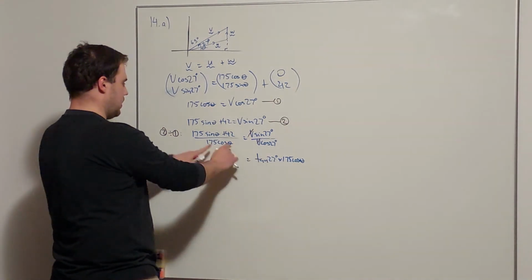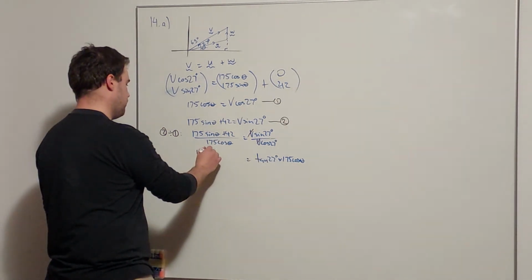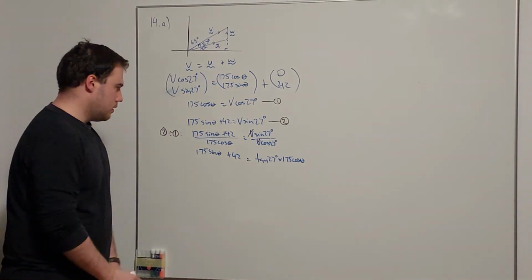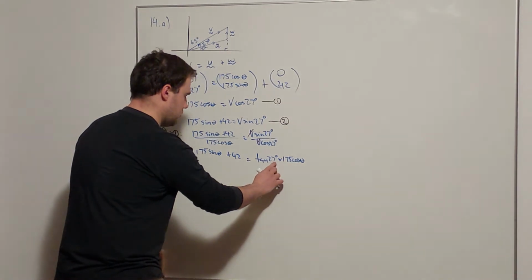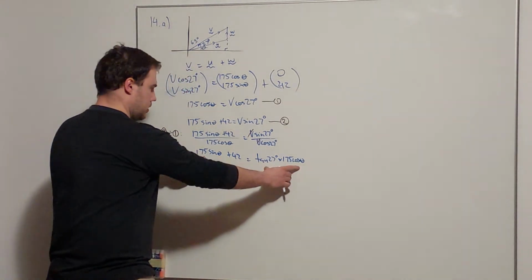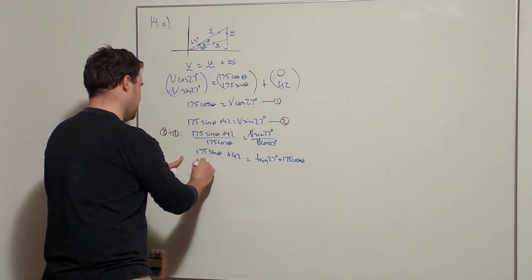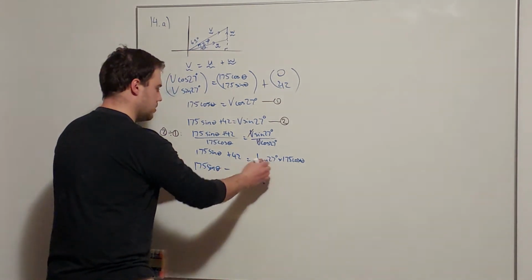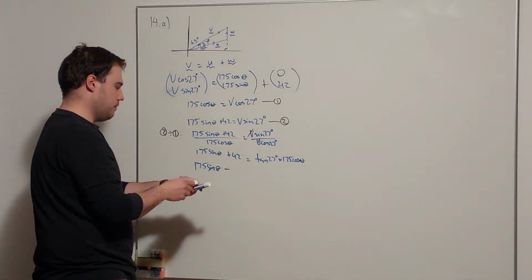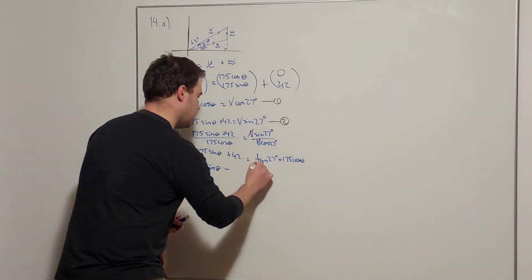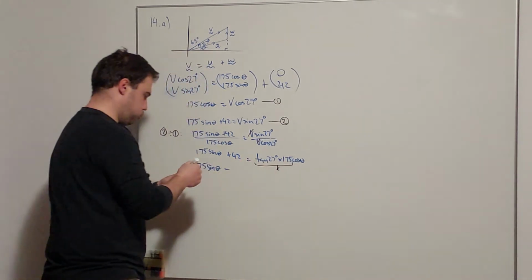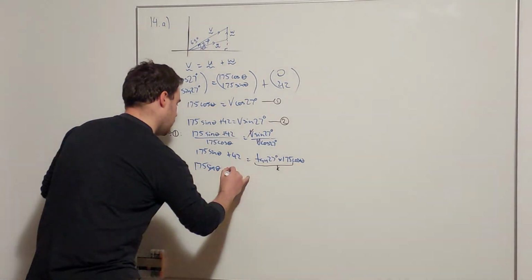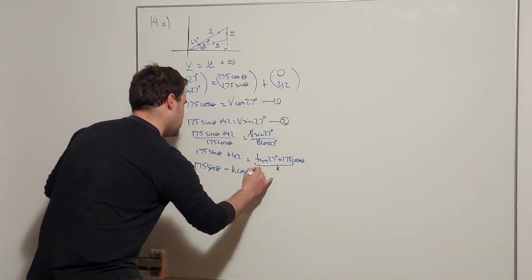Then we've got this here. So then if we minus this over here, 175 sine theta minus, I'm just going to call this thing here K for convenience, K cos theta is going to equal negative 42.